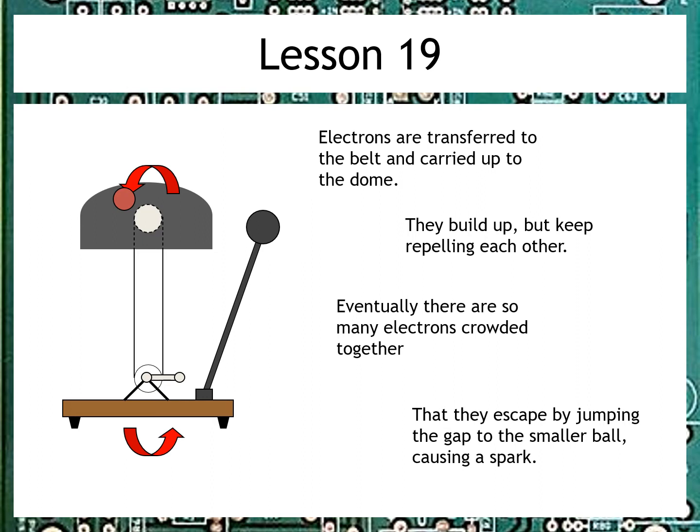But of course, electrons are all negative, so they start to repel each other because they have the same charge. Eventually, there are a lot of electrons all crowded together and yet trying to push each other away. And so they repel each other and eventually have enough energy that they escape, jumping from the dome onto the metal ball across the gap, and that causes a spark.